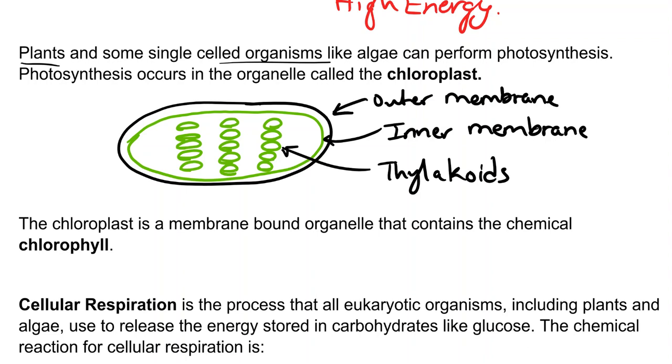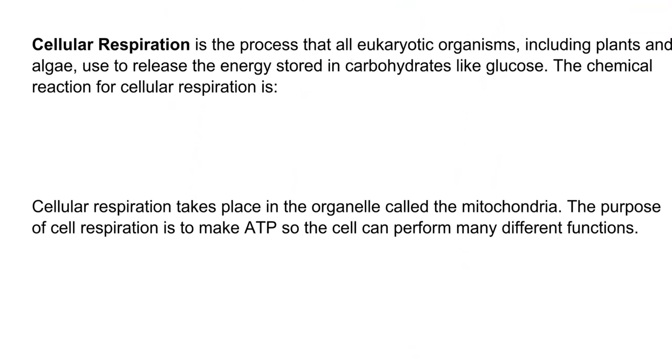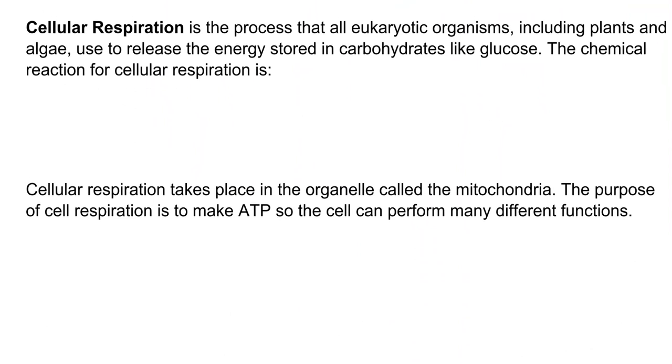But you and I, we can't make glucose. So what we have to do is eat plants, or eat animals who have eaten plants, in order to be able to get energy. So we undergo a process called cell respiration. Now, it's not just us that undergo cell respiration. Plants and algae undergo cell respiration as well.